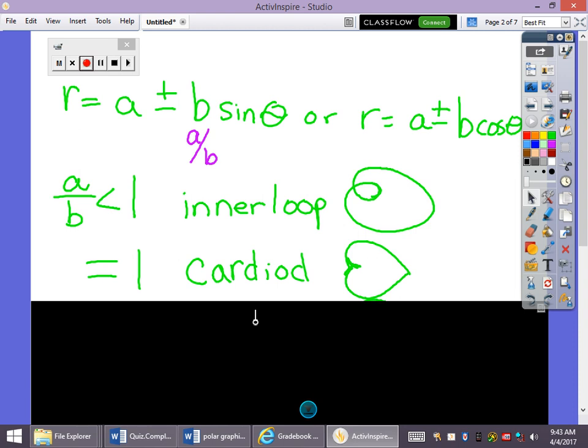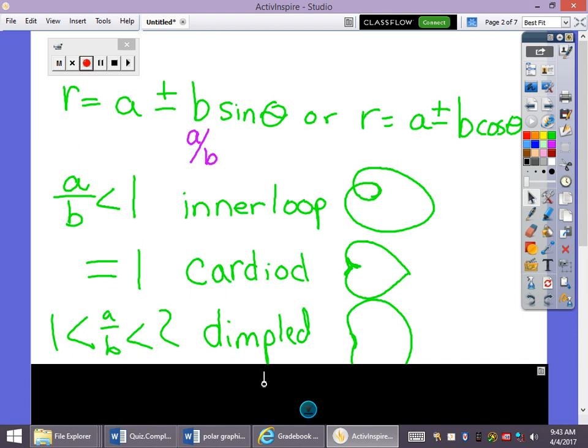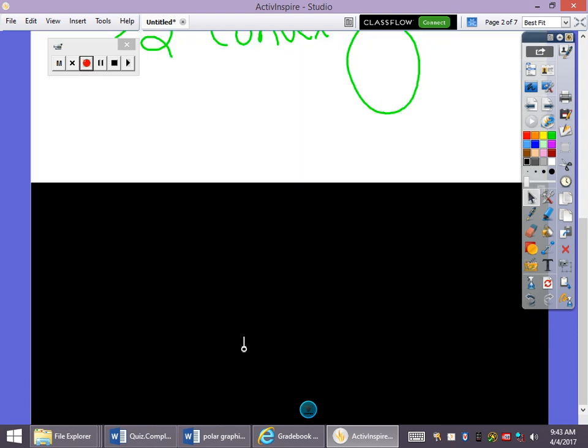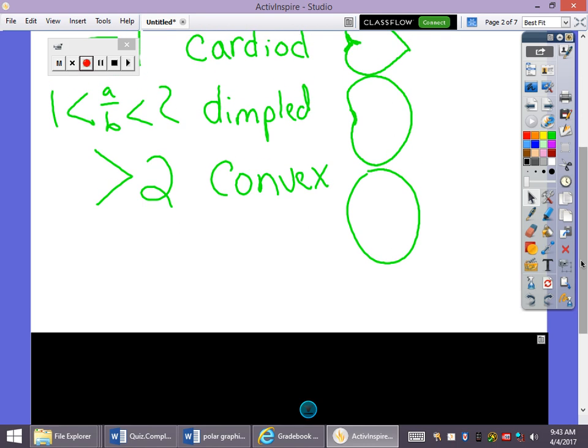Cardioid, like a cardiologist, heart. If it is between 1 and 2, it is dimpled, so it kind of looks like a lima bean. It's like a heart that doesn't have as sharp of an indentation.